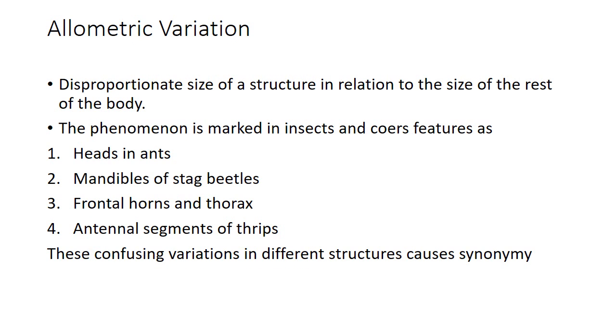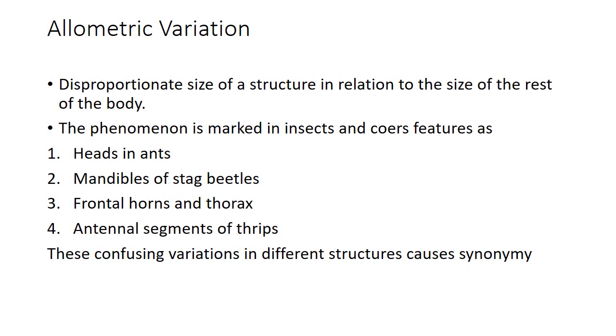Allometric variation. Allometric growth may result in disproportionate size of a structure in relation to the size of the rest of the body. If individuals in a population show allometric growth, animals of different size will show allometric variability. This phenomenon is particularly prominent in insects.